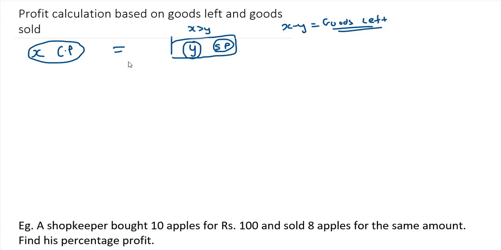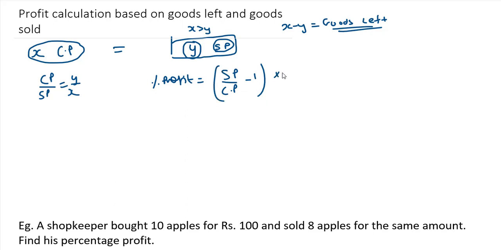So from this equation, when we equate your total cost price and total selling price, we get CP upon SP is equal to Y by X. If you remember the formula of percentage profit, it is nothing but SP by CP minus 1 into 100. So what will be SP by CP?